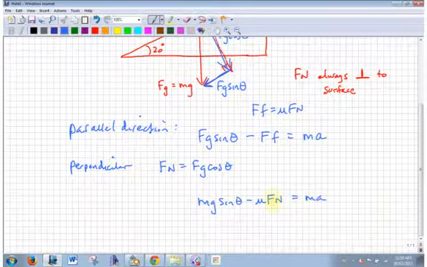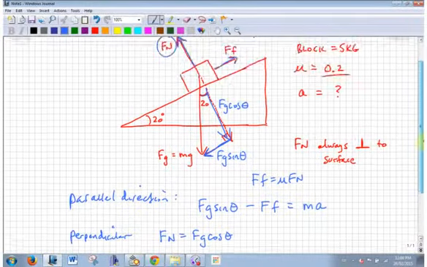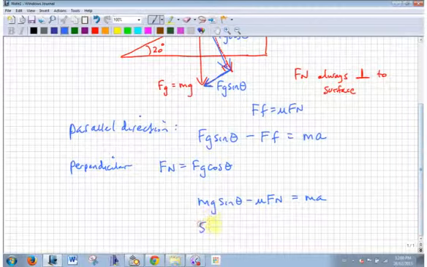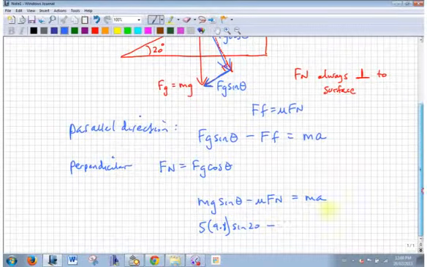I know the mass here. Okay, it's 5. I know g. I know the angle's 20. I know mu, 0.2.